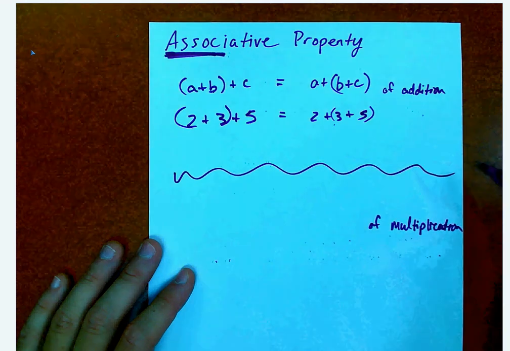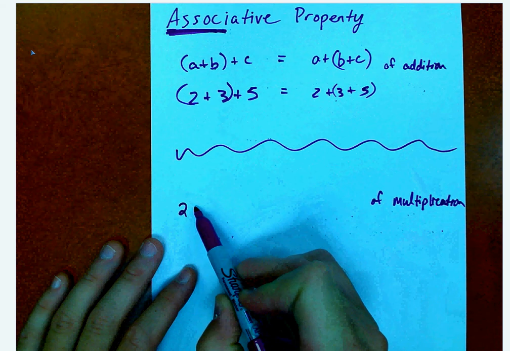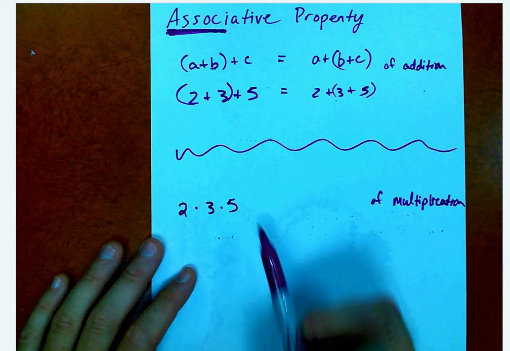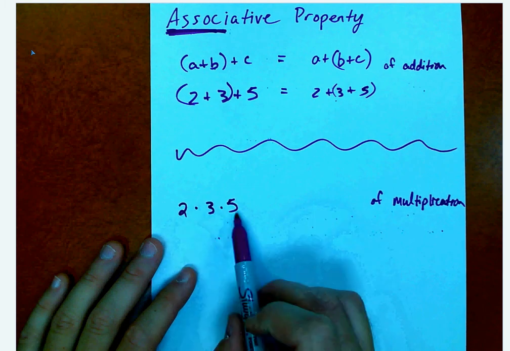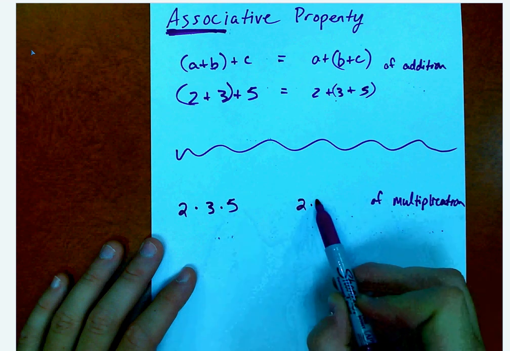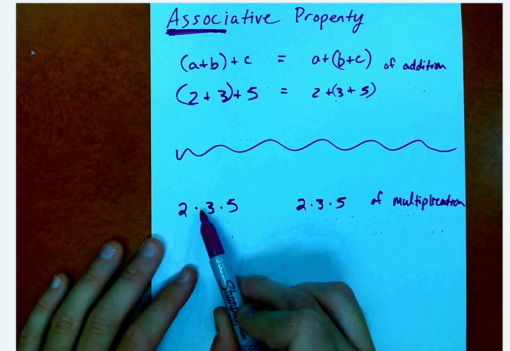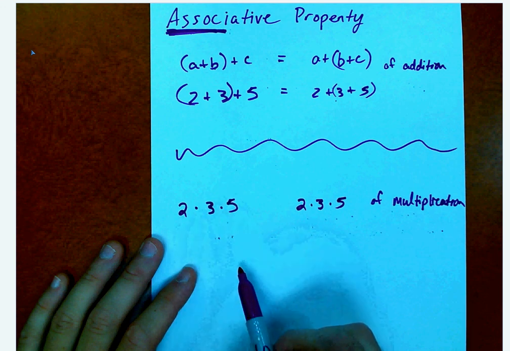This is also true, of course, for multiplication. If I'm multiplying 2 times 3 times 5, does it matter which order I multiply these in? No. I can multiply 2 times 3 and get 6, and then multiply by 5 to get 30.